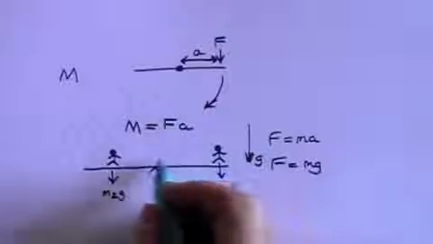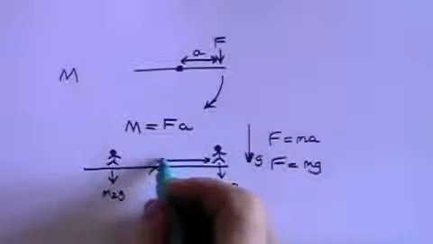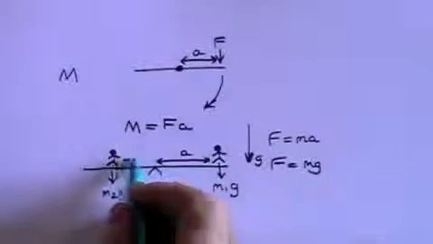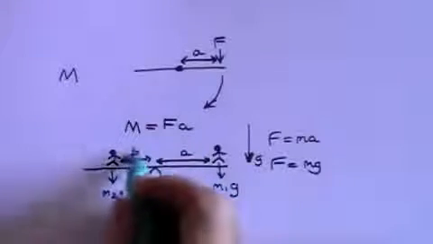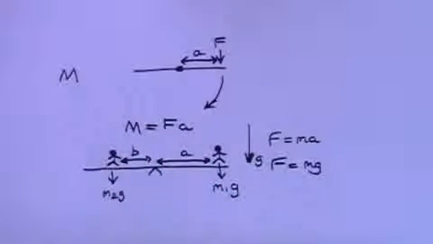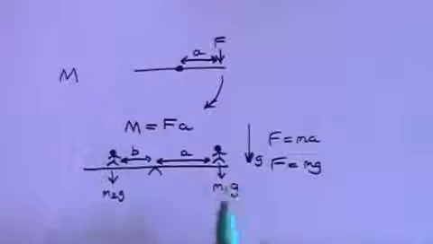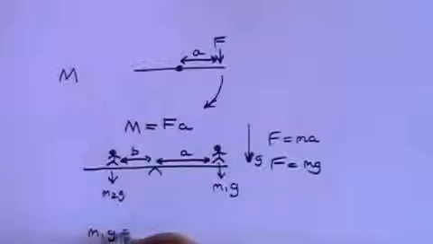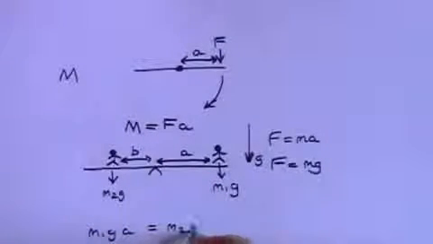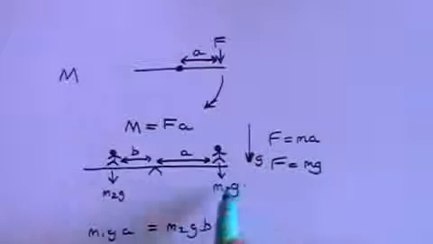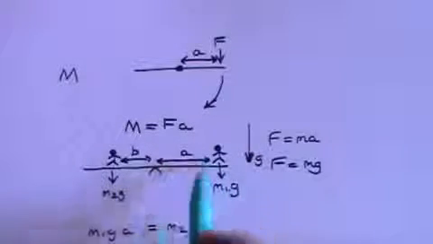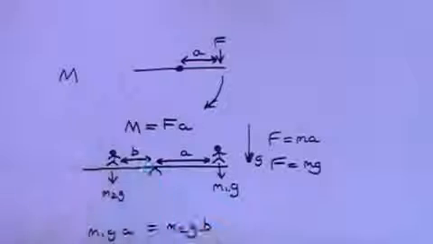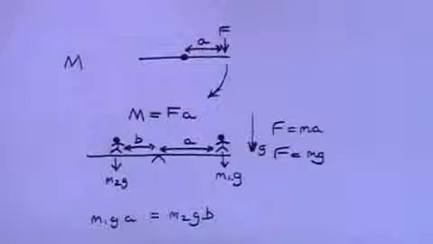Now let's suppose that the distance in this case is A and in this case is B. Then the seesaw will not move provided the moments of those two forces are equal. In other words, m1g times A has to equal m2g times B. The force times the distance on one side has to equal the force times the distance on the other side.